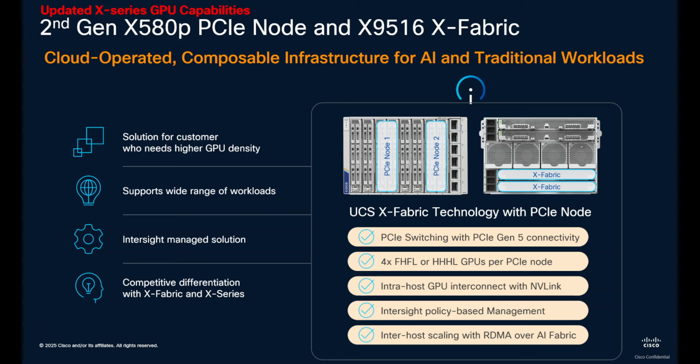Finally, I had pointed out when I was talking about XFM version 1.0 that it basically just looked like wire mesh in the back. It had no external ports, and therefore it just handled intra-chassis east-west traffic between compute and GPU nodes.